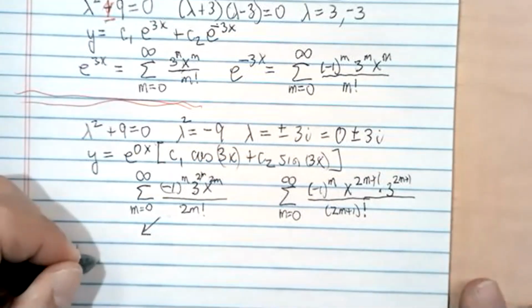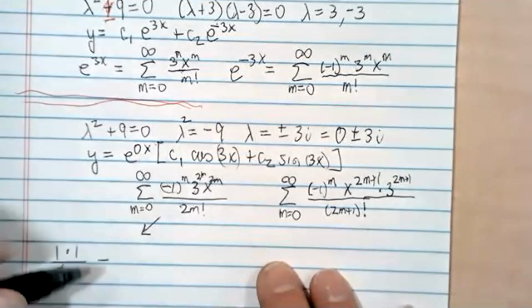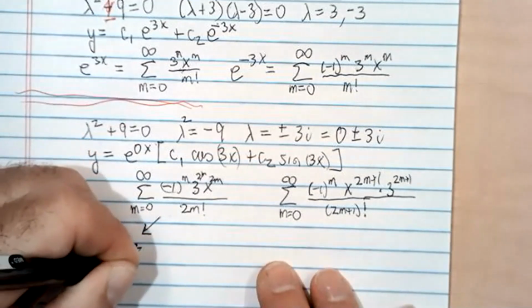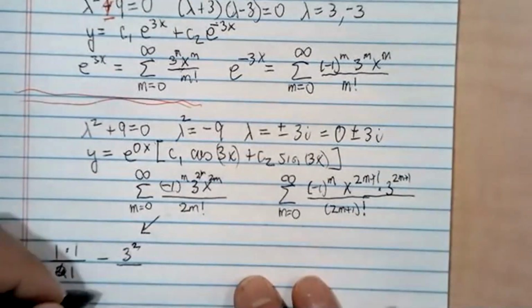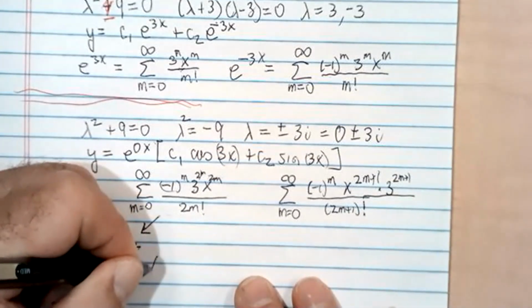What's the next term? Well, it's going to be negative. Then I'm going to have 3 squared over 2 factorial times x squared.